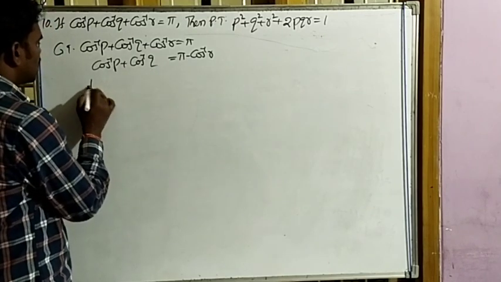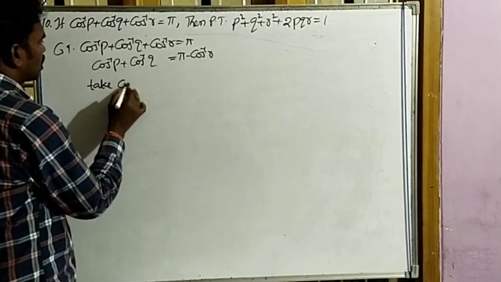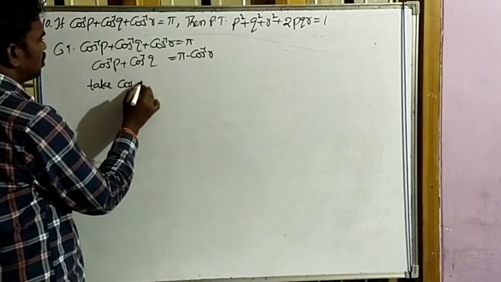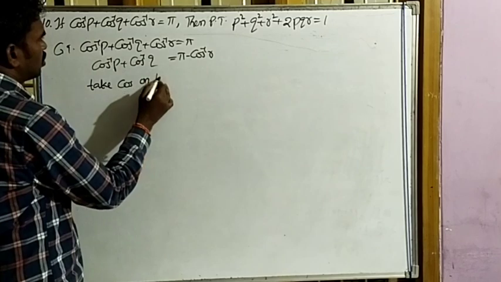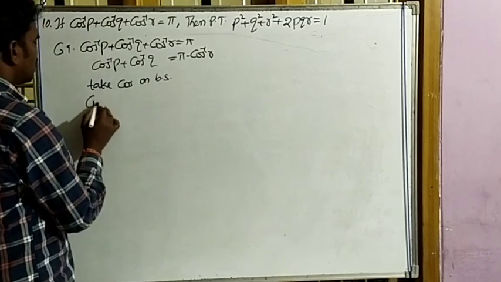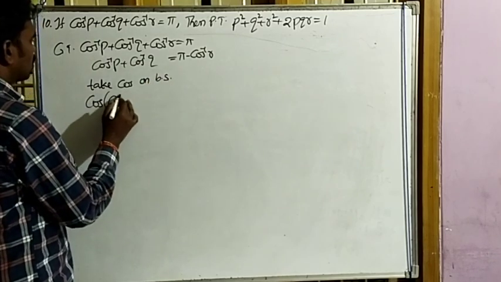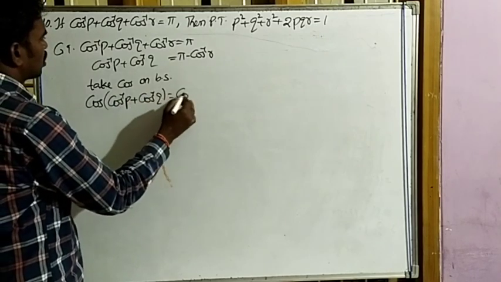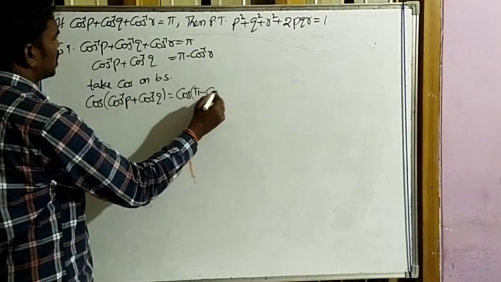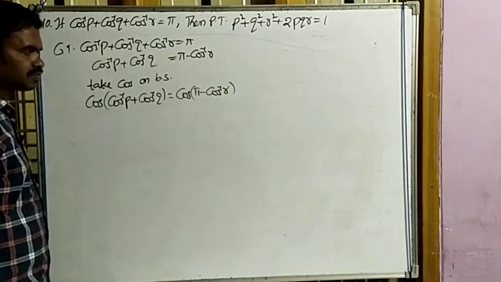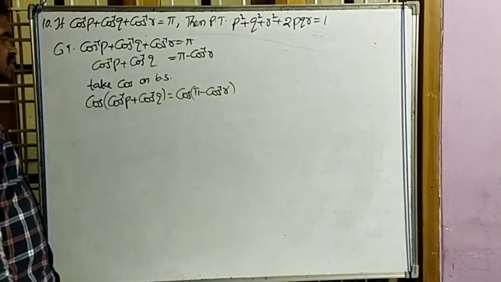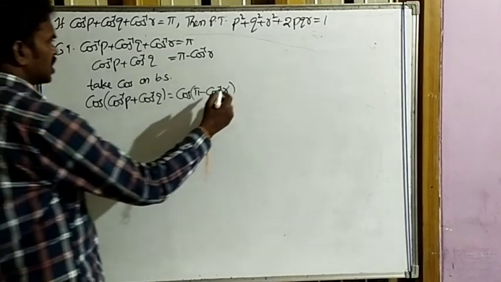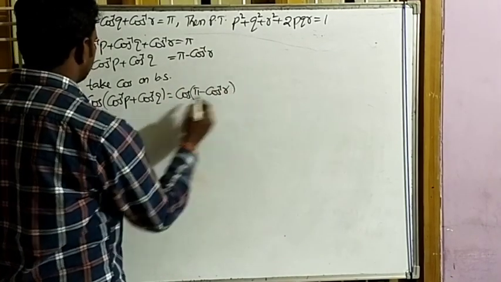Take cos on both sides, so we get cos of cos inverse p plus cos inverse q equals cos of pi minus cos inverse r. Let us take this as equation 1.